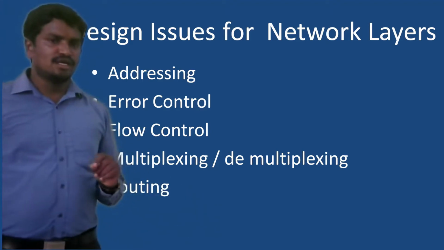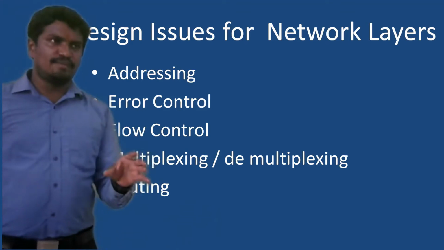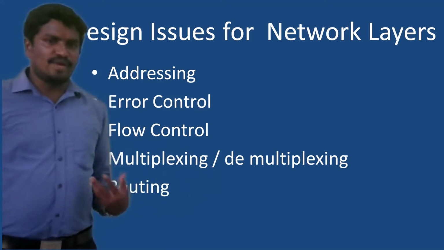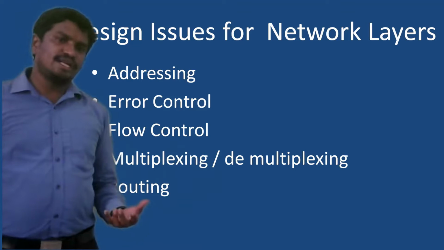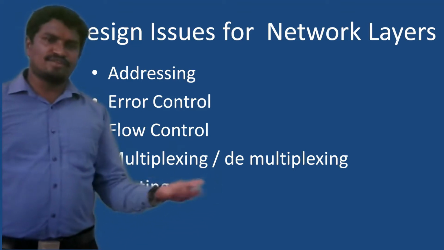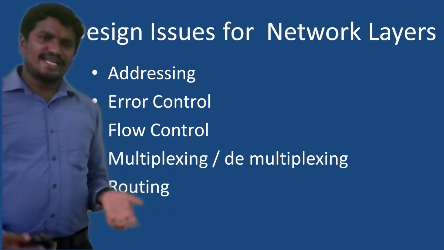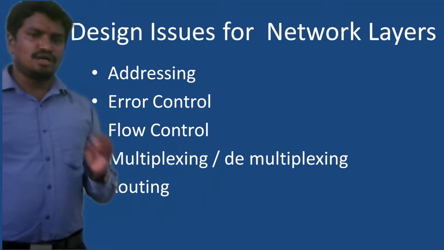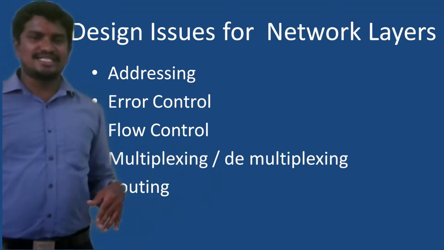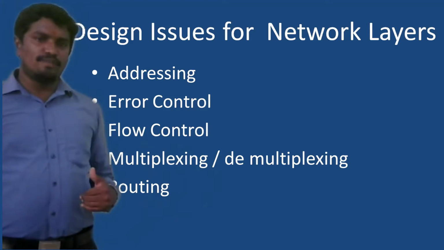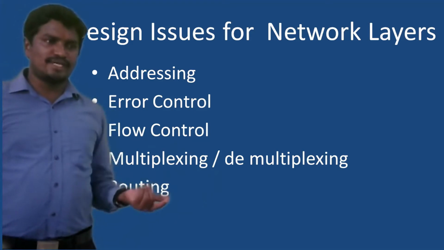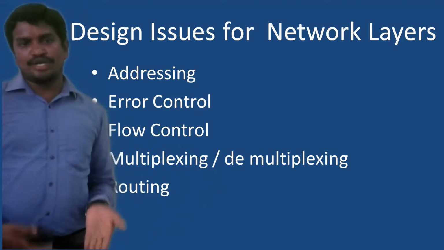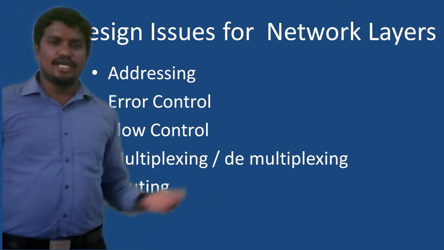If you have only one line with a bandwidth of 100 Mbps, then from my system, many applications are running: data from Gmail, data from Outlook, data from Facebook, data from WhatsApp. This data has to be merged and pushed onto the same line. That is multiplexing. Demultiplexing in the sense, you get back your data to the individual applications. If I send a WhatsApp message from my system, you should get that message in WhatsApp only, not in another app. That we call demultiplexing. How you are getting back your data, and how you are merging your data into one message.